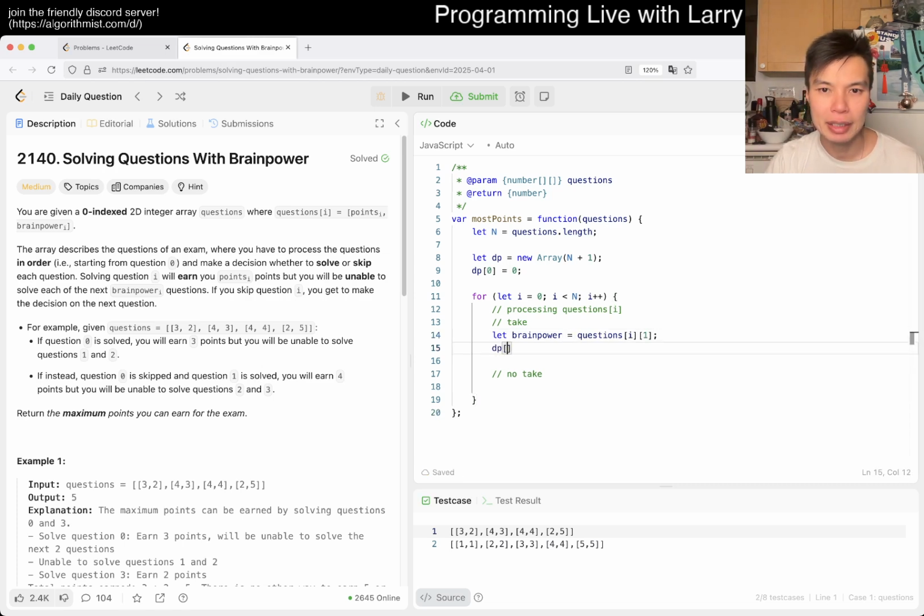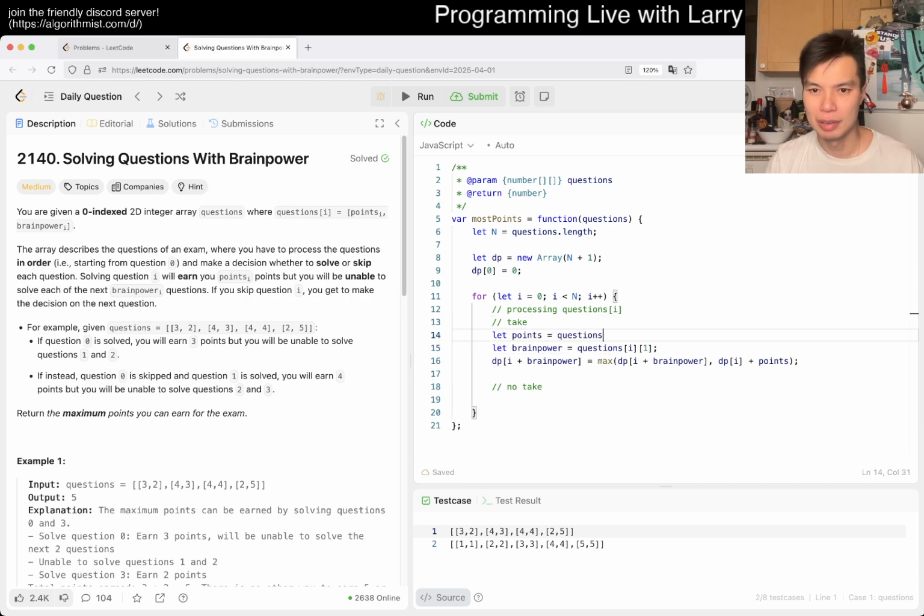Then dp of I plus Brainpower is equal to max of dp sub I plus Brainpower, or dp sub I plus points, where points is equal to question sub 0. Something like this.